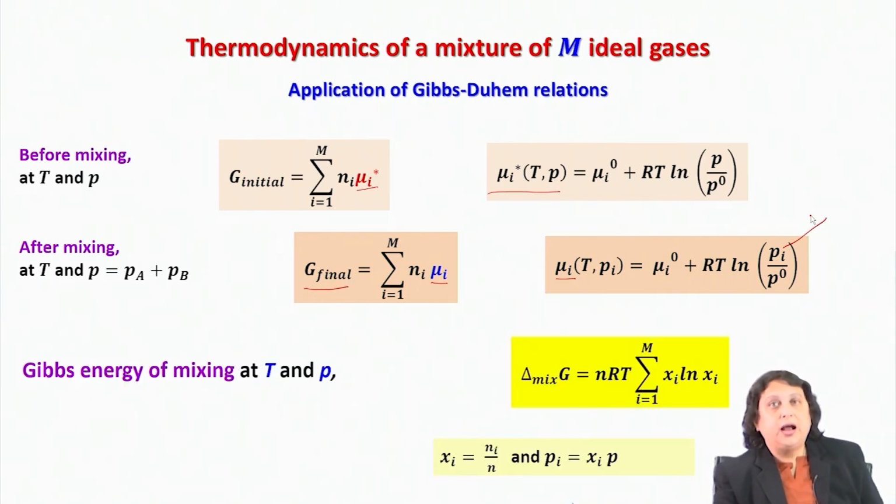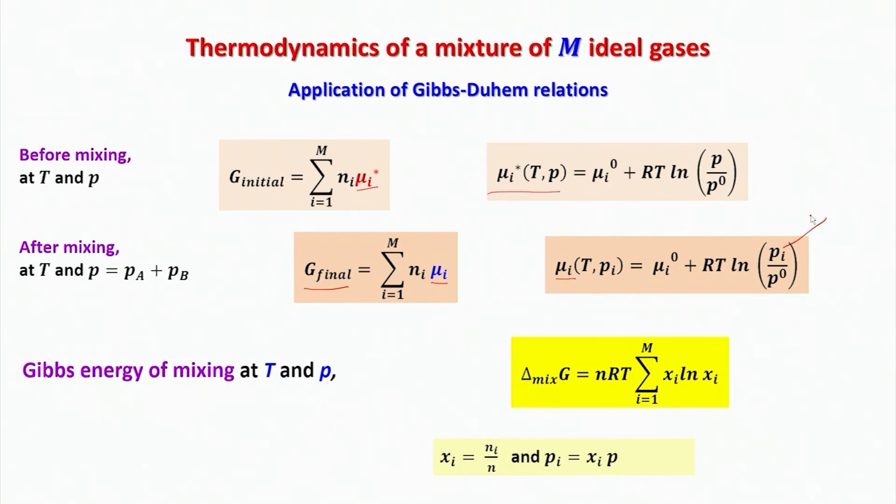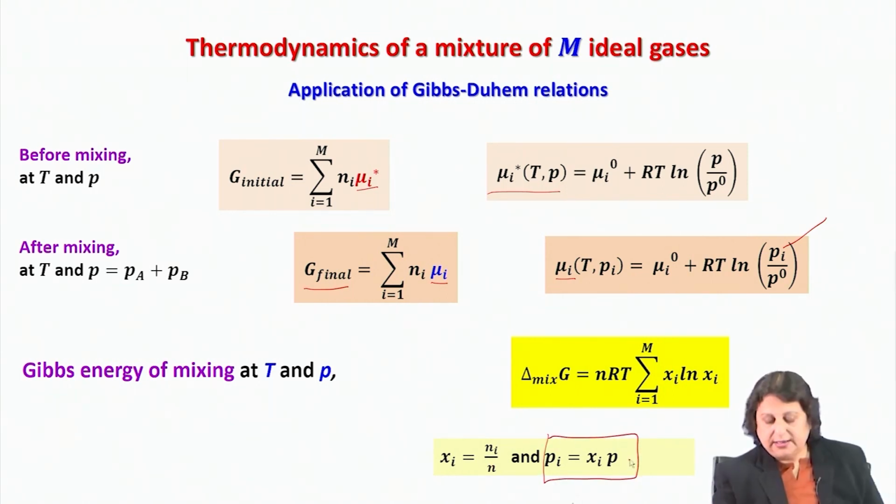And therefore, I find that delta G mixing can be expressed in terms of the composition of the mixture using these relationships. Now, how did I introduce the composition of the mixture? All I did was use Dalton's law for a mixture of ideal gases, where each Pi is now expressed in terms of the mole fraction Xi of the ith component and the total pressure P at which the mixture is being maintained.